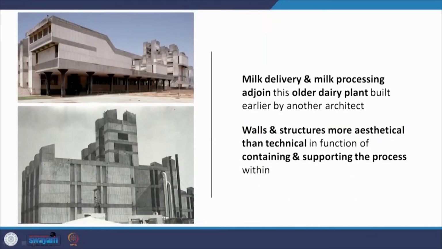Milk delivery and milk processing adjoin an already existing old dairy plant which was built earlier by another architect, and the walls and structures that have been used here are more aesthetic than technical in the function of containing and supporting the process which is taking place within.